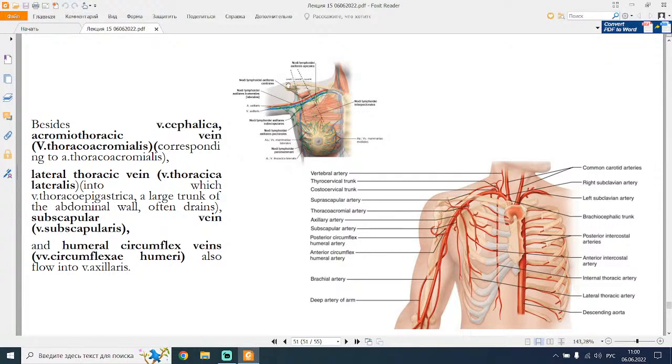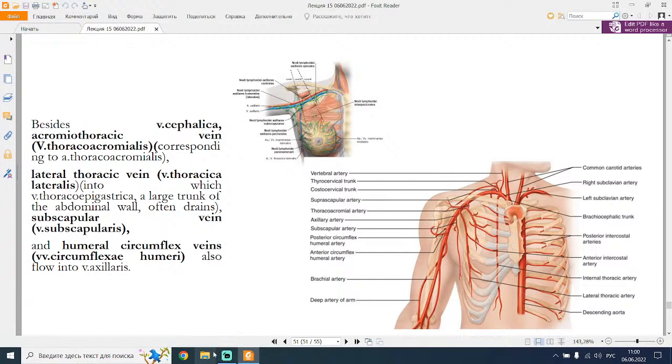Besides vena cephalica, vena thoracoacromialis corresponds to arteria thoracoacromialis.